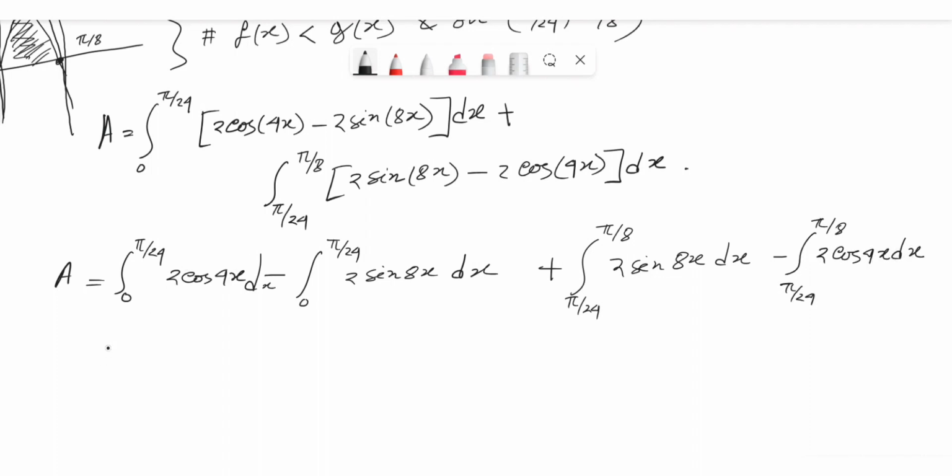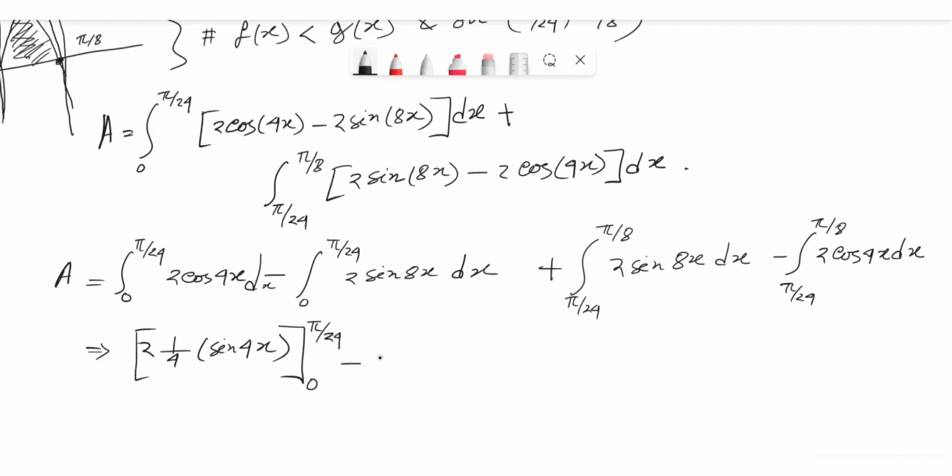When you integrate the first part, 2 is a constant, so 2 will come out, and when we integrate cos 4x, we will have 1 by 4, treating 4 as a, and the integral of cos is sine, so sine 4x. We enclose it with the limits 0 to pi by 24.